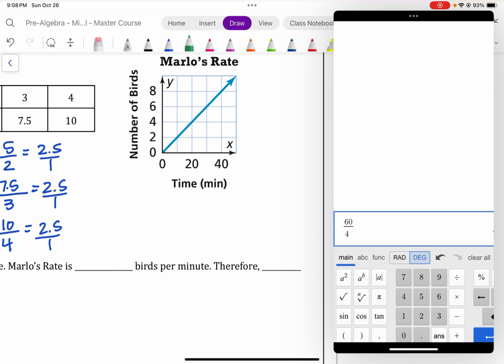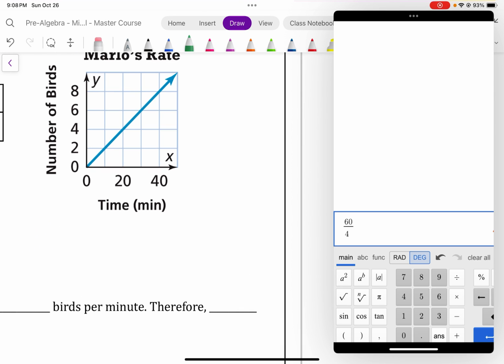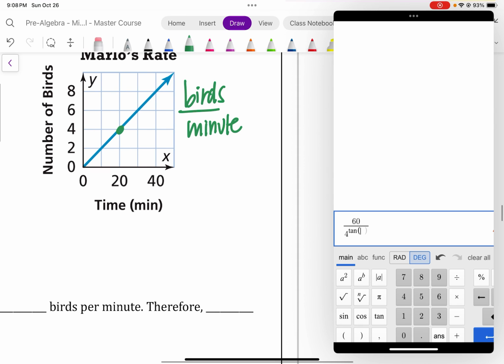Let's look at Mario. And here I can see, I'm going to use a perfect point. And I want birds per minute. So this dot shows me a value of 4 birds every 20 minutes.